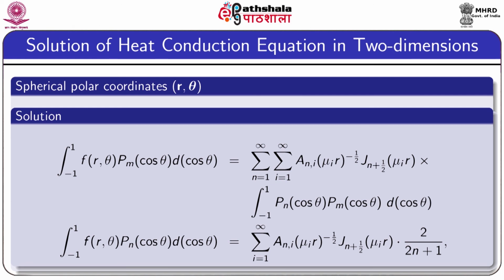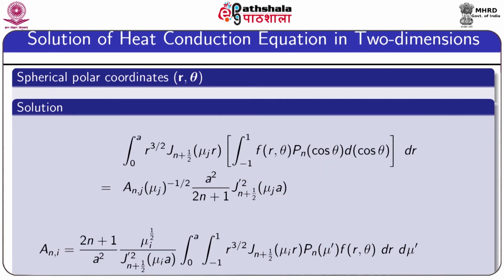But to obtain a_ni, we need to eliminate J_{n+1/2} also. So to eliminate J_{n+1/2}, we again need to integrate this relation with J_{n+1/2}(μ_j r) into r to the power 3 by 2 and then integrate over 0 to a.